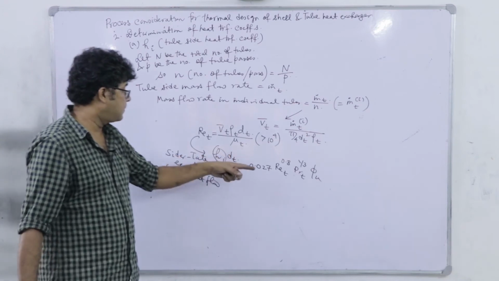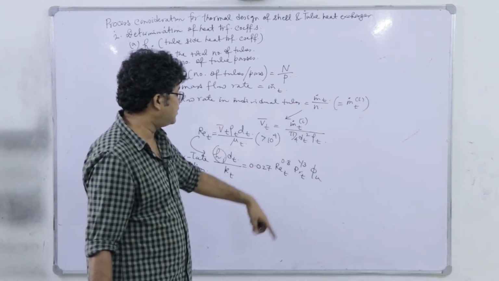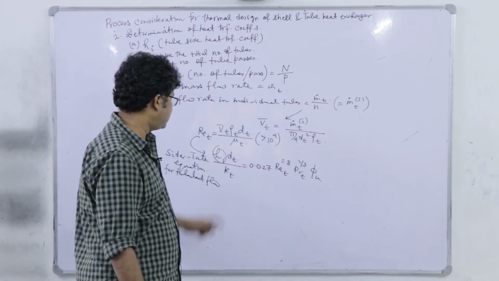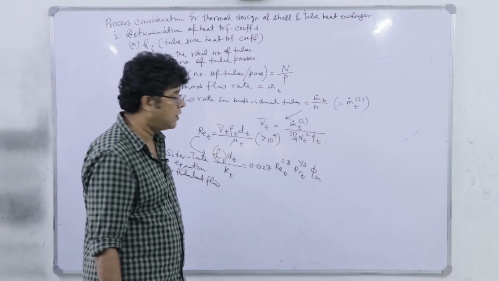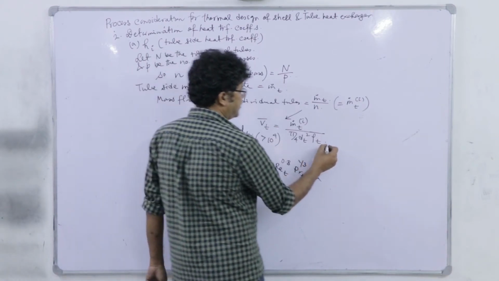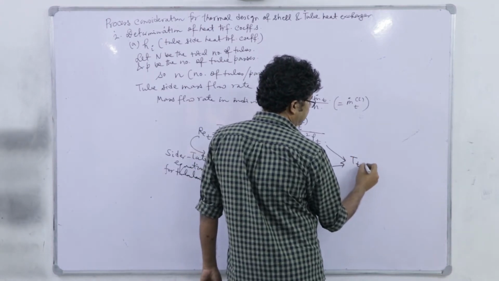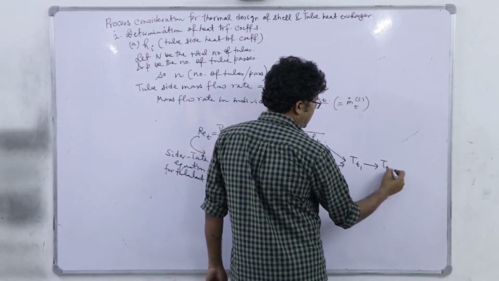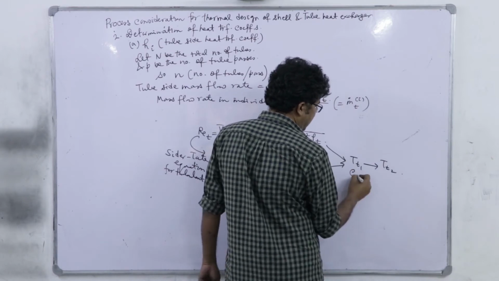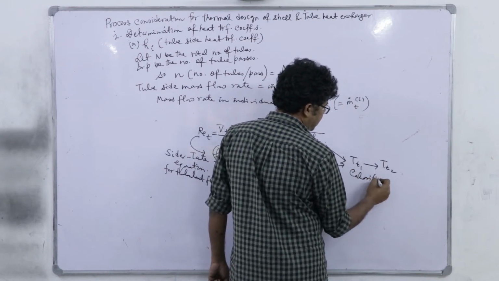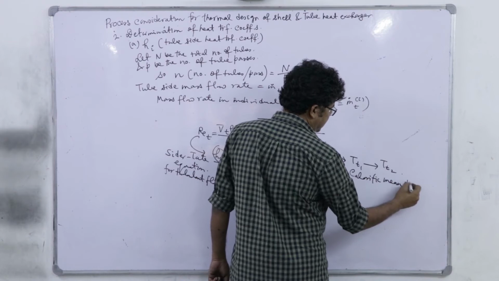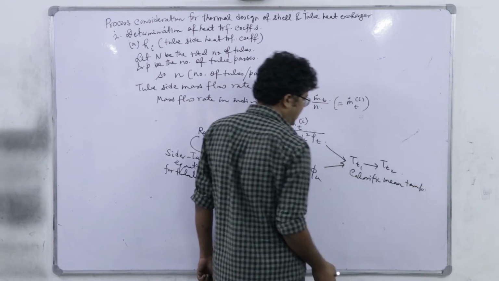Now, you see for Prandtl number calculation, for phi u calculations and KT and rho T etc., we need the temperature. Now, tube side fluid may be hot, it may be cold. So, we have to go for calorific mean temperature, at which these properties are to be calculated.